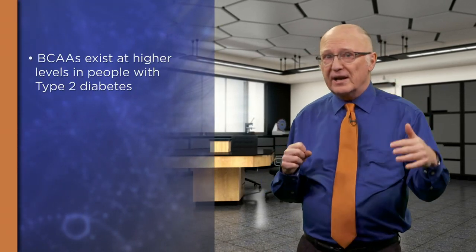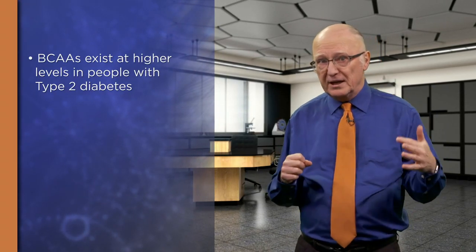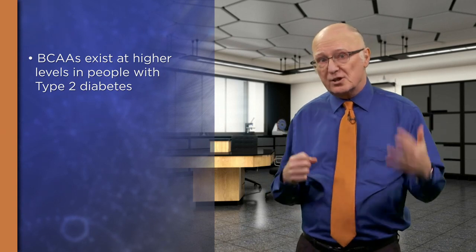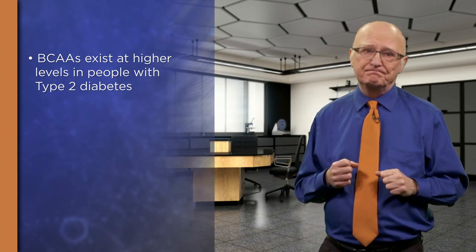Unfortunately, there is a widespread belief that BCAAs are especially effective in helping build muscle. This leads some people to load up on BCAA supplements. That could actually be doing harm because BCAAs are present at higher levels in the blood of people with insulin resistance associated with type 2 diabetes.